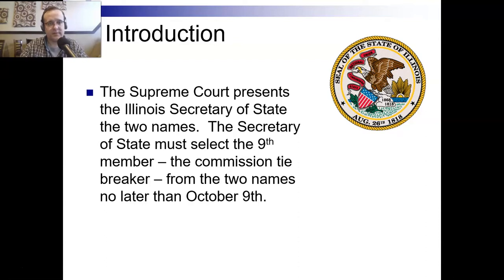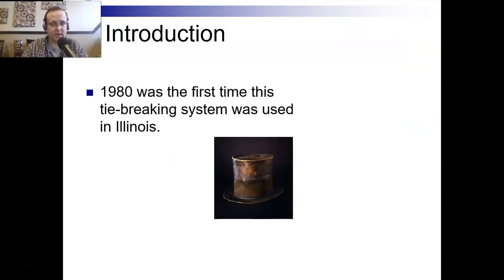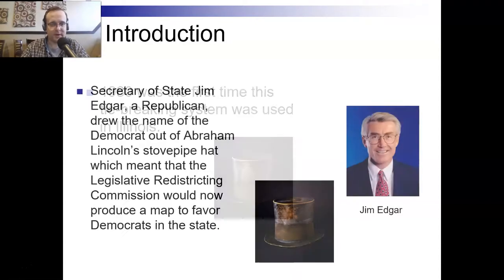So the Secretary of State, Jesse White, now as of October 1st, 2022, must select the 9th member, the commission tiebreaker, from the two names no later than October 9th. 1980 was the first time this tie-breaking system was used, and what you're looking at is Abe Lincoln's stovepipe hat. Not the real thing, I'm sure, but that's what it was modeled after.